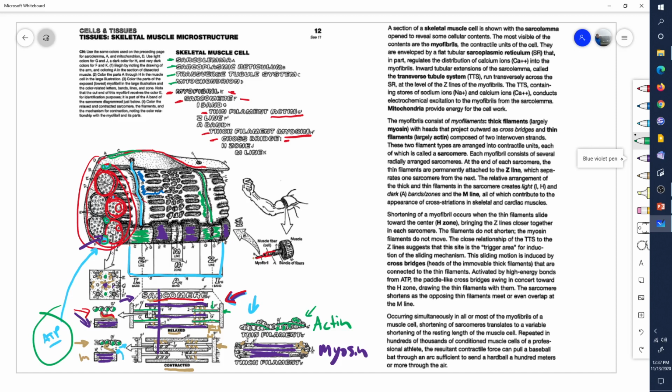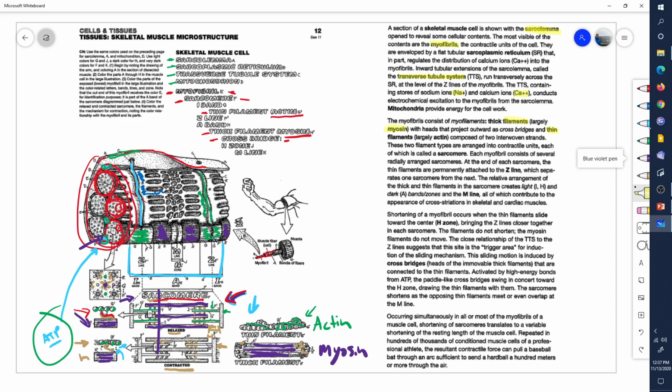Now, let's find these words in the text. Sarcolemma, myofibrils, transverse tubule system. See, sodium and calcium ions. The filaments of myosin, we know that's the thick one, right?